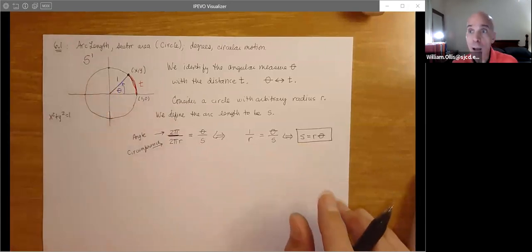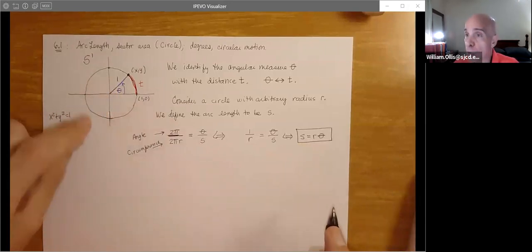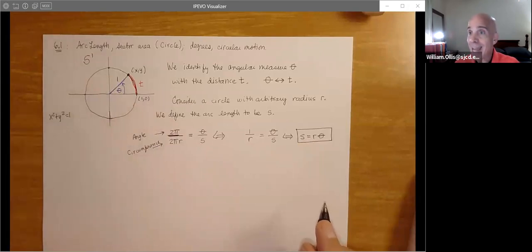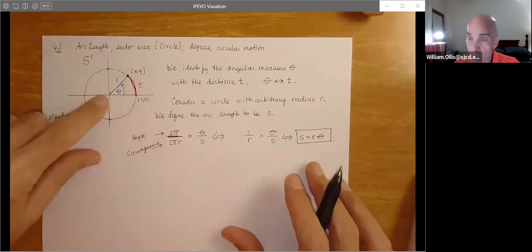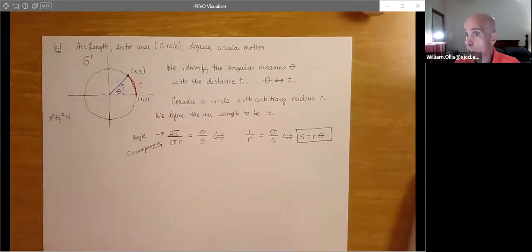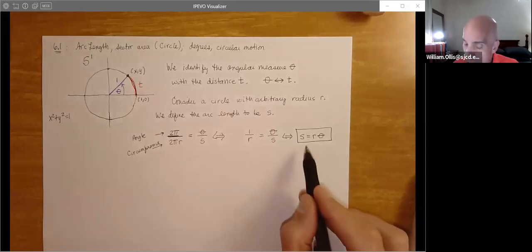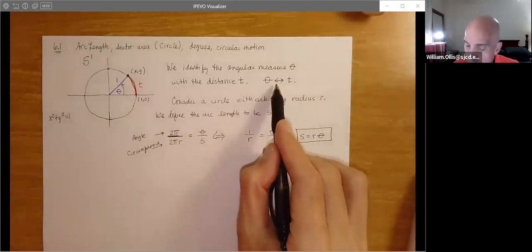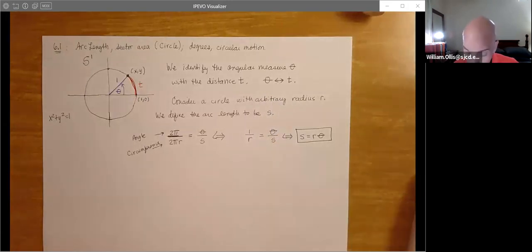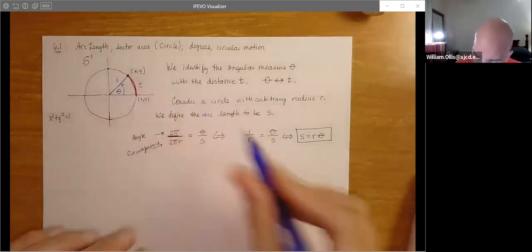Now, back in geometry, what you would call theta would be a central angle. That is, if you're thinking of an angle that's formed based upon the center of the circle, you think of central angle, and that's a good term to use. So now we can take this identification and make it more general. Now, what's important here is we're using the pure measure.